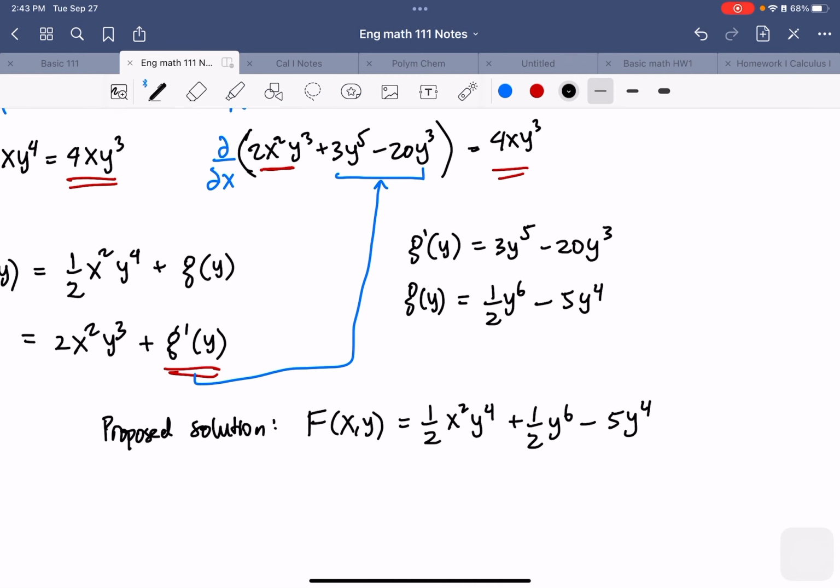Or if you would like to write equal to a constant, this is also okay. I think if you want, you can check the other part with N, with the function of x.